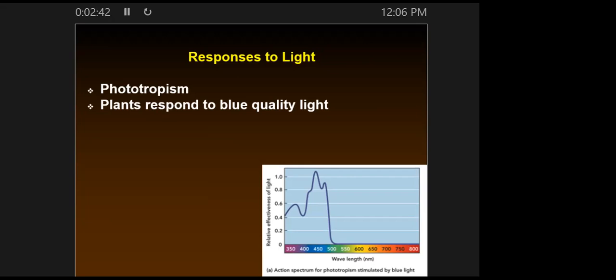And the way I remember that, red, orange, yellow, just the first letter, green, blue, indigo, and a small I, violet.